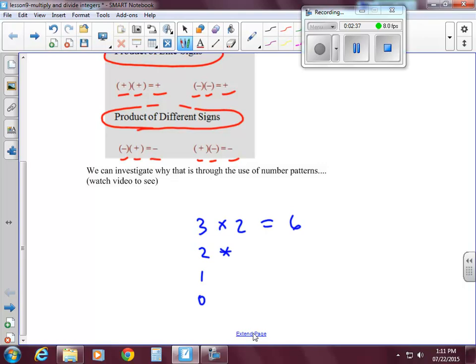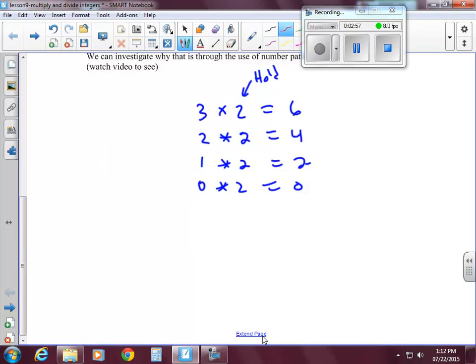Now over here, I'm going to hold this 2 constant, and just think about the number pattern. Okay, so you know that 2 times 2 is 4. You know that 1 times 2 is 2. You learn your times tables pretty young. But look at the number pattern itself. 3, 2, 1, 0. Just solely pattern-wise, what should be the next number in the list? Okay, -1, right? 2, 2, 2, 2.